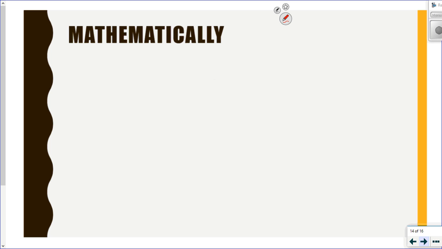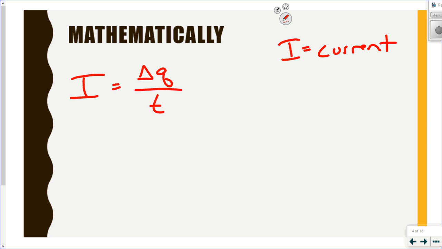Now, mathematically, if you take a look in your reference table, you can see that current, which is represented conveniently by the symbol I, is a change in charge over time. So let's just quickly define these terms. Q is charge, and we measure charge in coulombs.